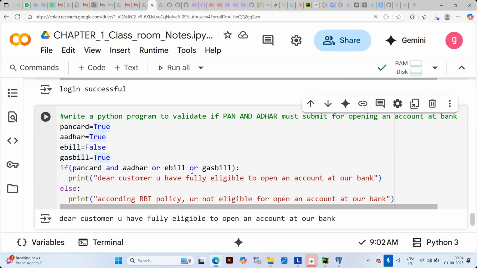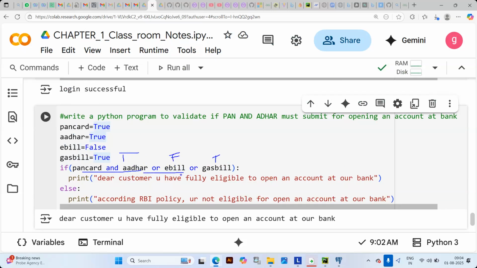Correct. So now these two cases will become true, but in the comparison of Aadhaar and electrical bill, Aadhaar has been submitted, this is not submitted, and here it is submitted. But the gas bill, at this moment, is submitted, the electrical bill is not submitted. In the comparison of Aadhaar and electrical bill, obviously Aadhaar has been submitted, bill not submitted, therefore this condition becomes true.